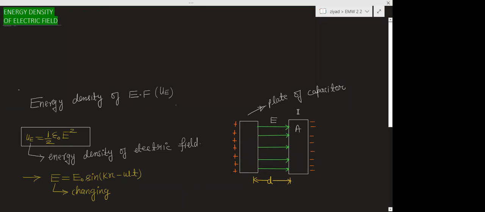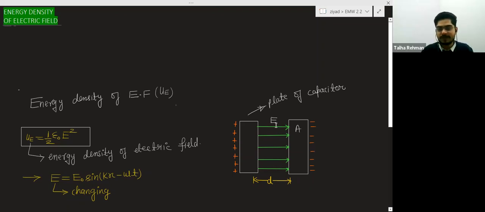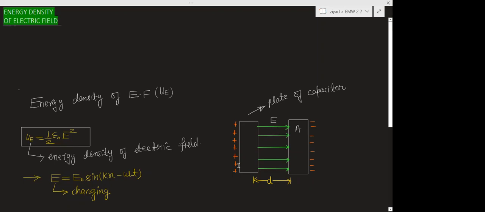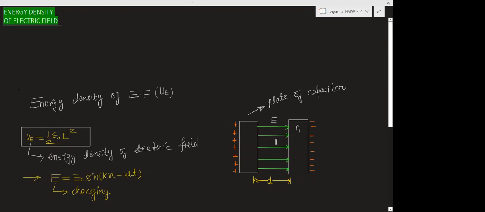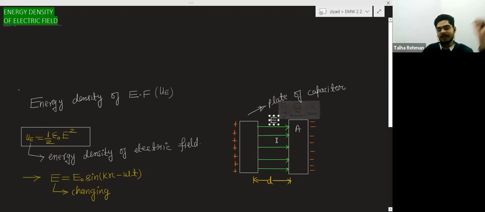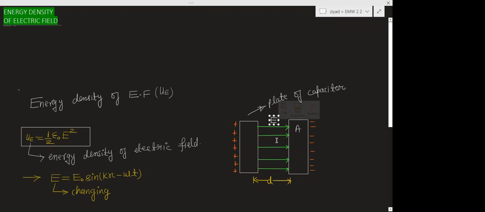Why is there an electric field? Because of this negative charge and this positive charge. During the charging of the capacitor, the charge on the plates increases, and due to the increase in the charge, the electric field increases. Basically, this electric field is changing with time.